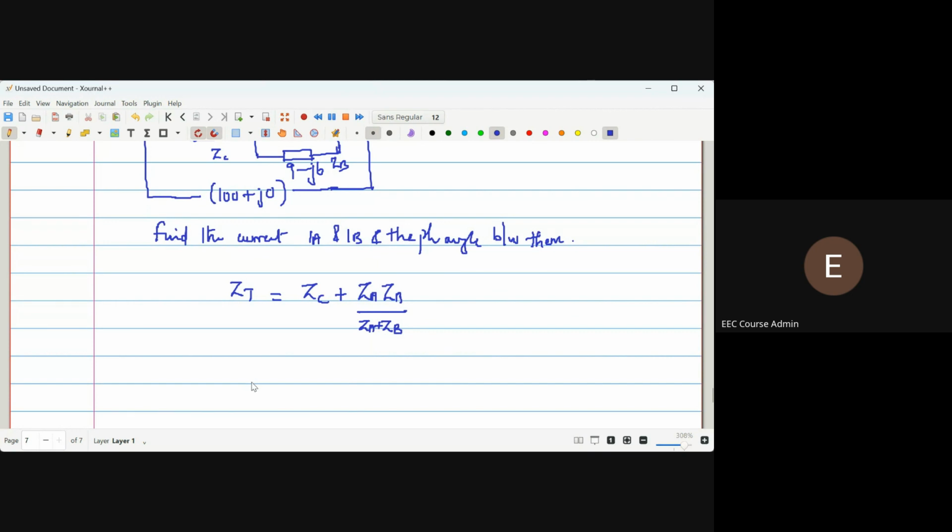That will give you the total impedance, and with that you can calculate the total current. That will be the supplied voltage 100 + j0 divided by the total impedance.